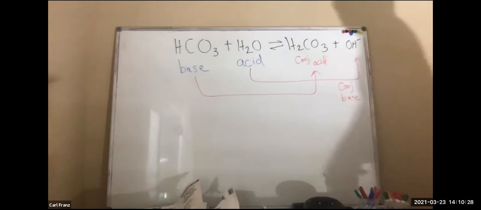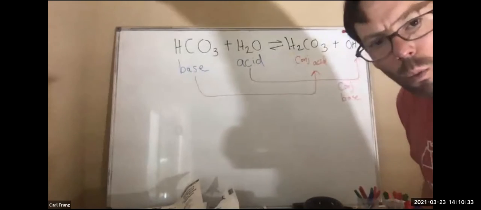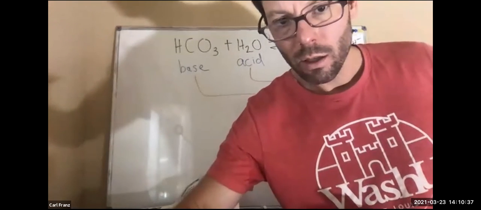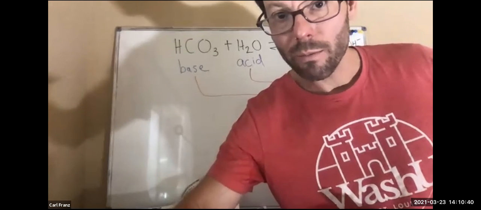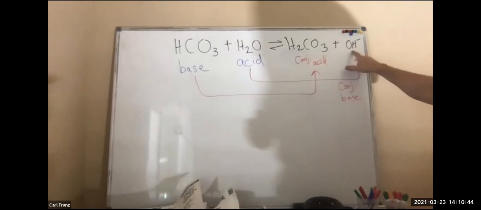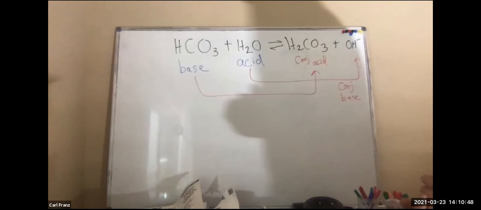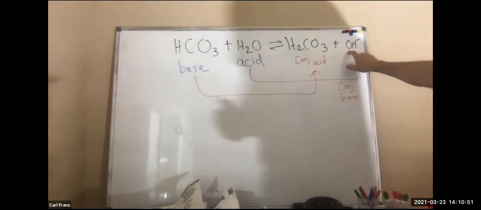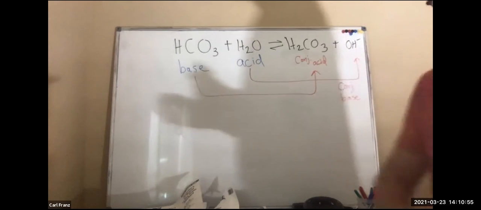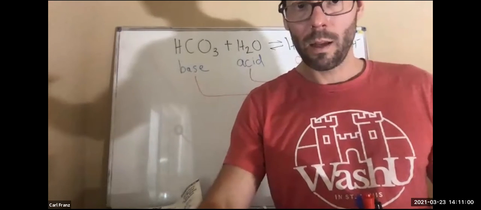Okay, so if you're having trouble, one little trick is to say, well, what's happening to the water? If it's losing hydrogen, hydroxide is a base. So in this case, water is an acid. If the water on this side becomes H3O, now it's an acid. So water must be a base on the reactant side.